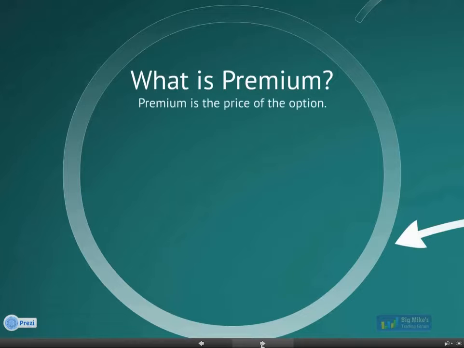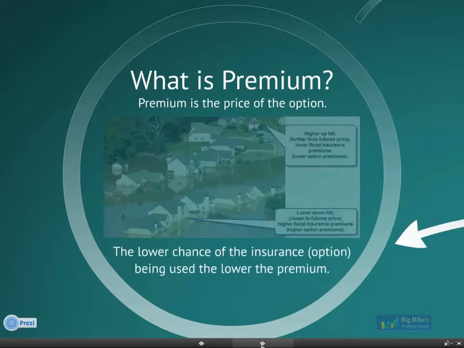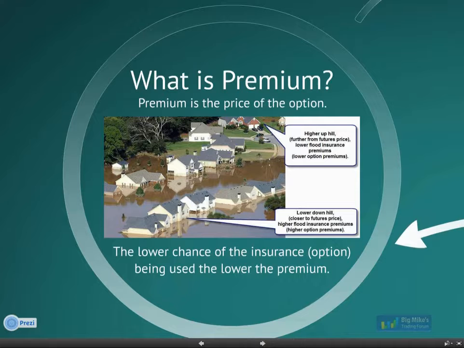Premium. Premium is the price of the option, or in the case of the flood insurance person, that's what you pay to be covered for that period. The lower the chance of the insurance or the option being used, or the option going in the money, the lower the premium. So like in this example, the people higher up the hill, or the people further away from the future strike price, would have lower flood insurance premiums.